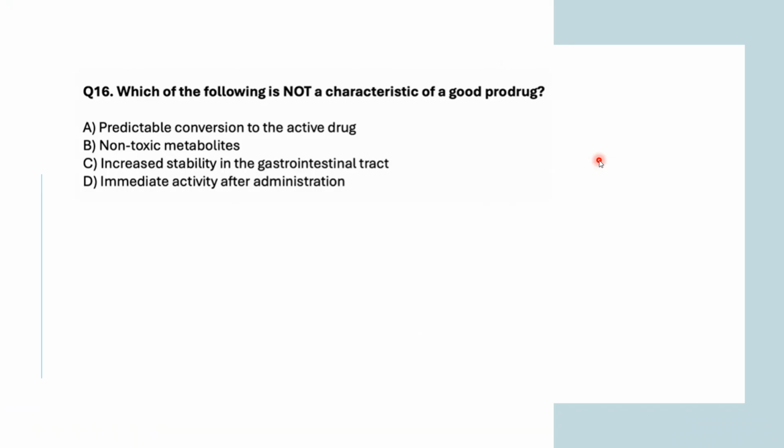So the first question is: which of the following is not a characteristic of a good prodrug? Predictable conversion to the active drug, non-toxic metabolites, increased stability in the gastrointestinal tract, immediate activity after administration. So you have to answer which of the following is not a characteristic of a good prodrug.